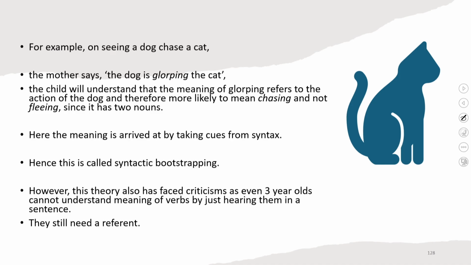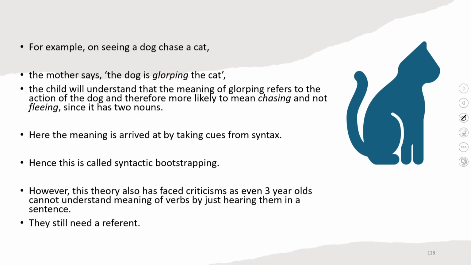So, the meaning of the word is arrived at by looking at the full sentence, The dog is glorping the cat. To understand the meaning of glorping, you need to understand the sentence, and the sentence in turn helps the child learn the meaning of the word. This is called syntactic bootstrapping.